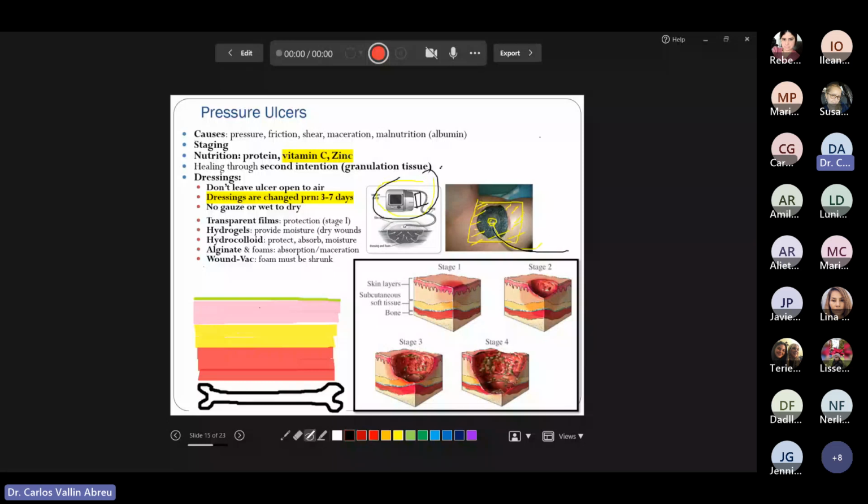And an NCLEX question is what happens if you notice that this sponge, this foam, is bulging. So instead of being sunken, you see it bulging.